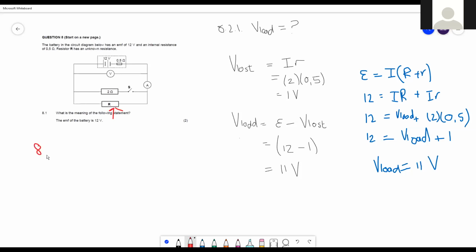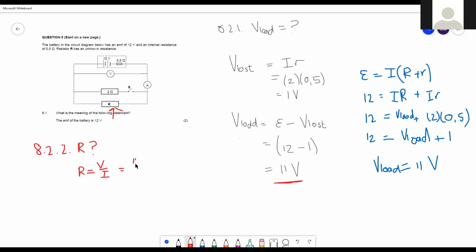Okay, and then the second question, they were asking us for the value of resistor R. So 8.2.2. You want to know what R is. Okay, that one's quite easy. We're just going to use our normal ohm relationship. So our V load now comes from our answer here.